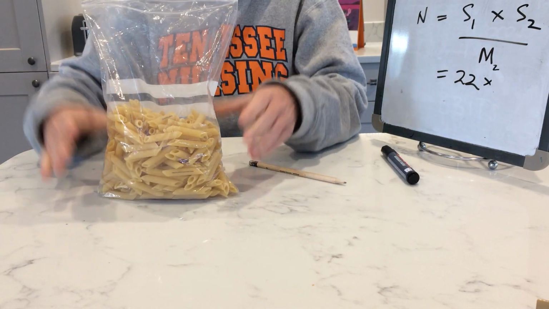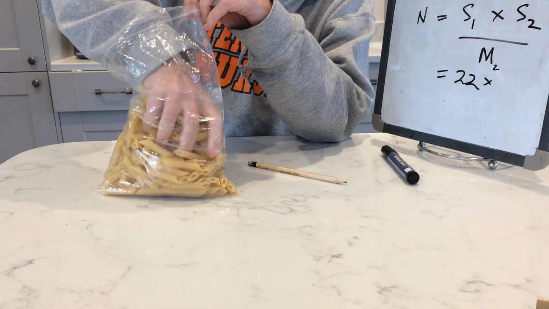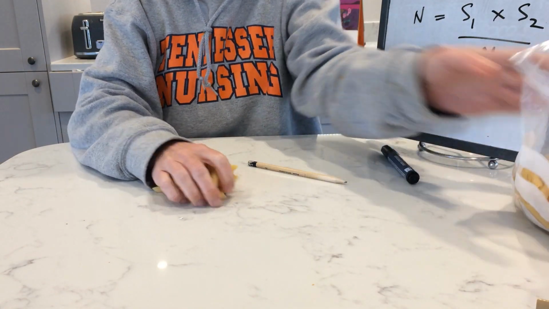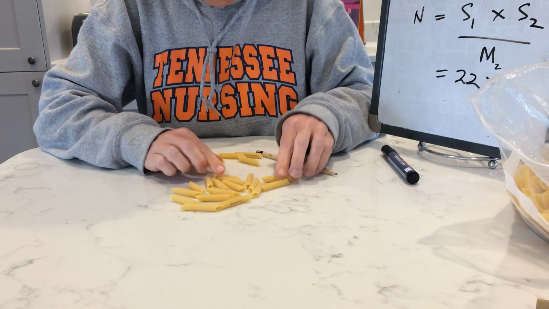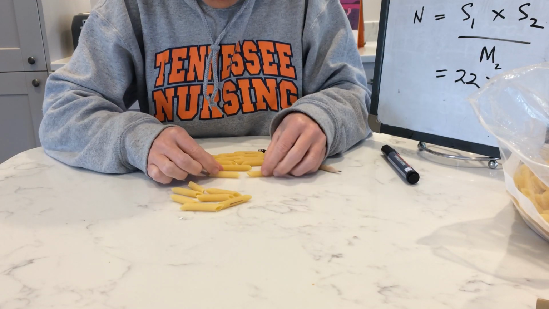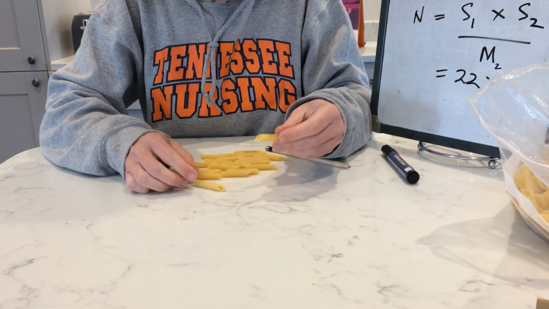Okay, so now I'm going to take a second sample. This is going to be my S2. So again, I'm just going to take a handful, and I want to see how many of those are marked. Okay, I've got 1.